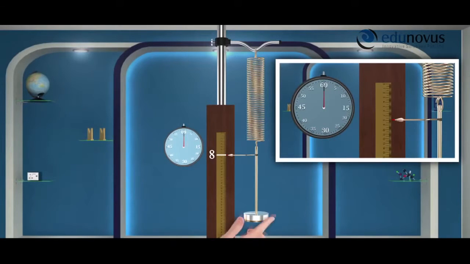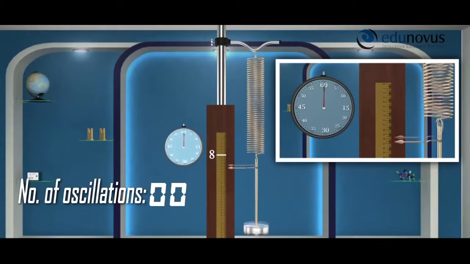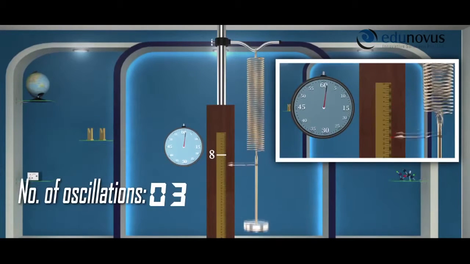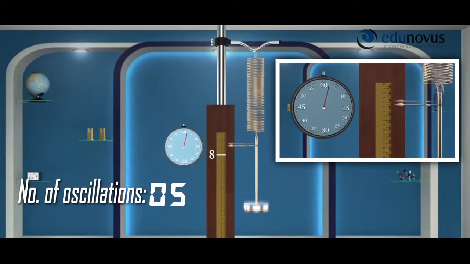Now, pull the slotted weight a bit downwards and leave. The weight begins to move up and down and oscillates vertically.